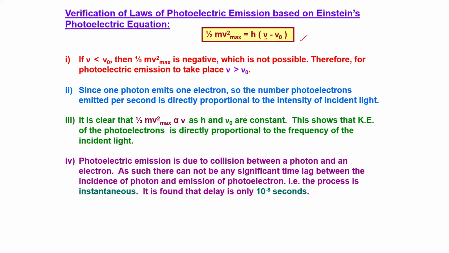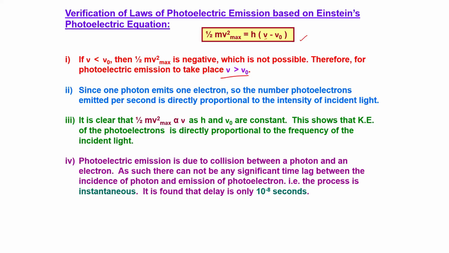If the frequency is less than nu naught, then the value of half m v square will become negative, and that is not possible. So we can say photoelectric emission will always take place in the condition nu is greater than nu naught.